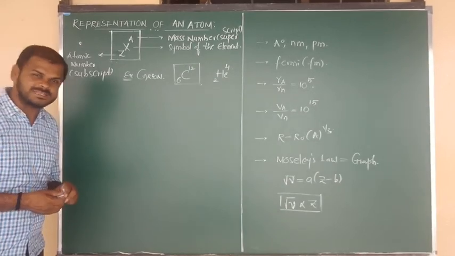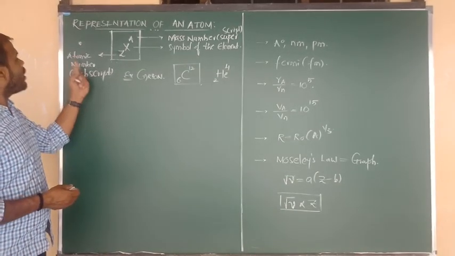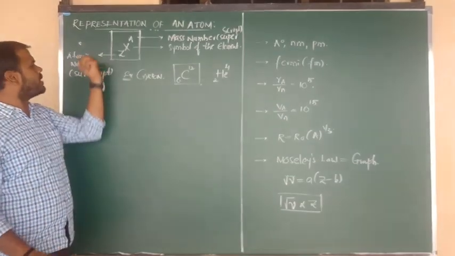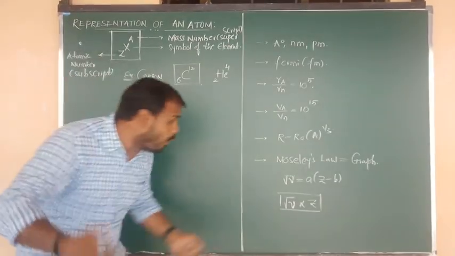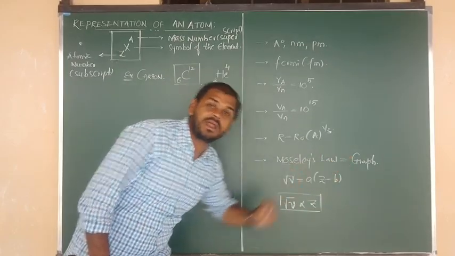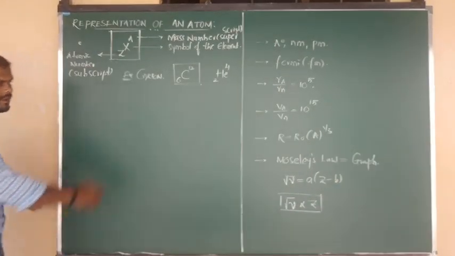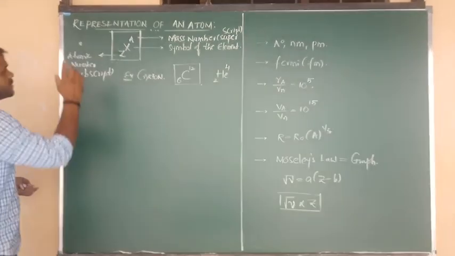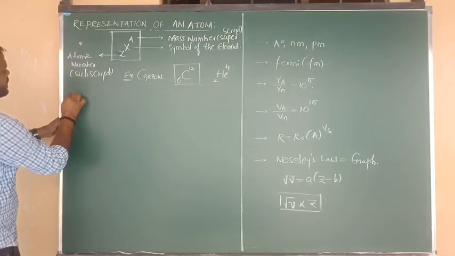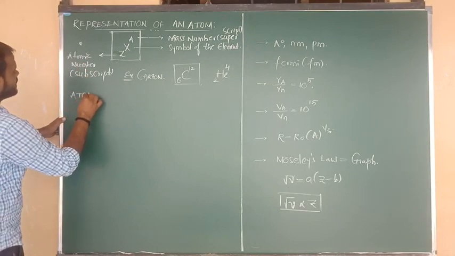Now I am going to explain about the atomic number, that means Z. The concept of atomic number is determined mostly by using a particular relation, and by using a graph also. Anyway, you leave that information. Now I am going to give you the information about the atomic number. What is meant by atomic number?